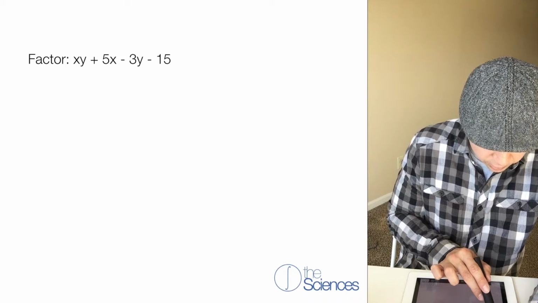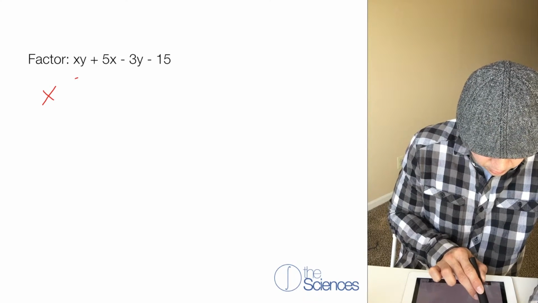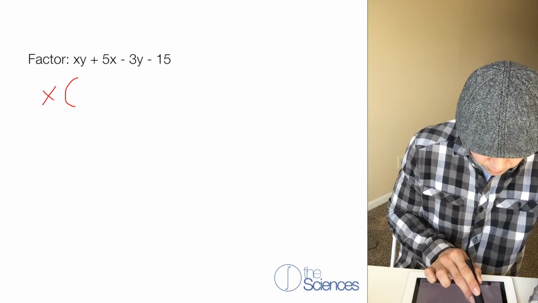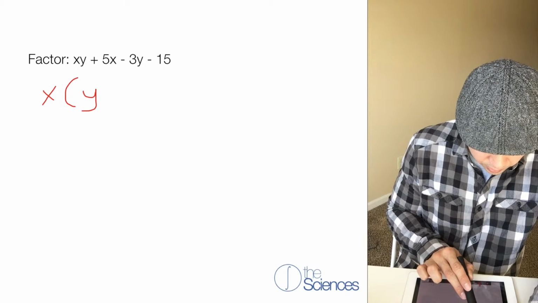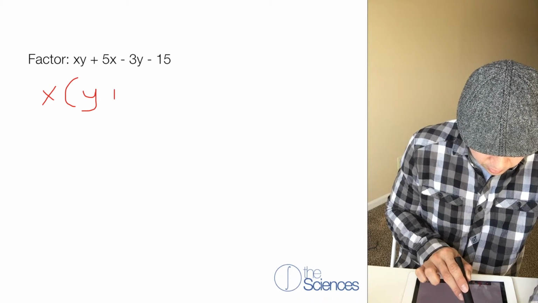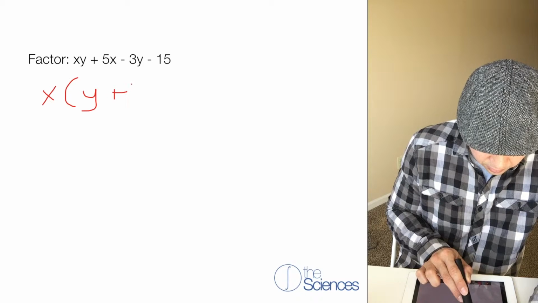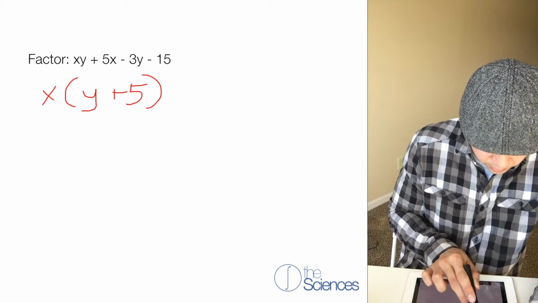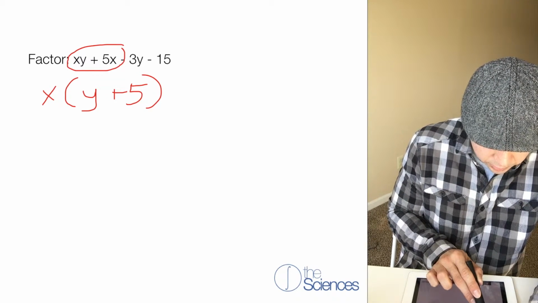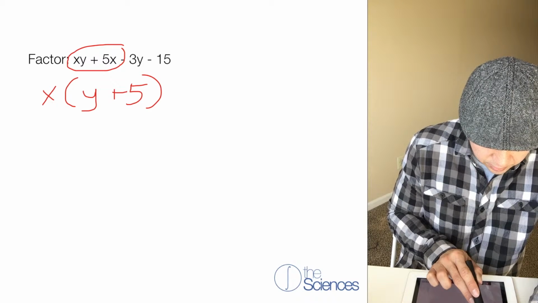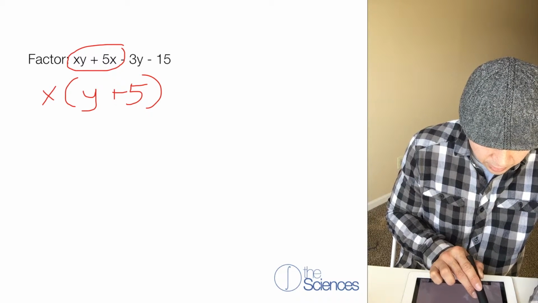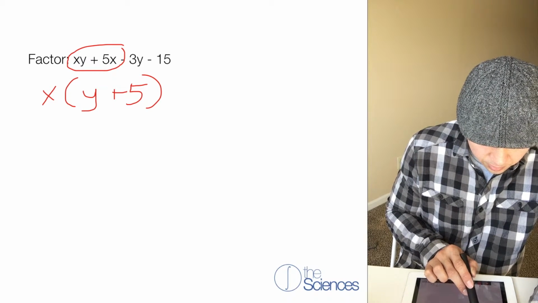So here we can factor out an x from xy plus 5x. Using this, we can factor out an x so that we get x times y plus 5.